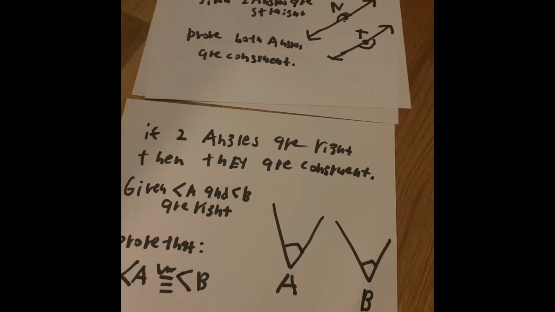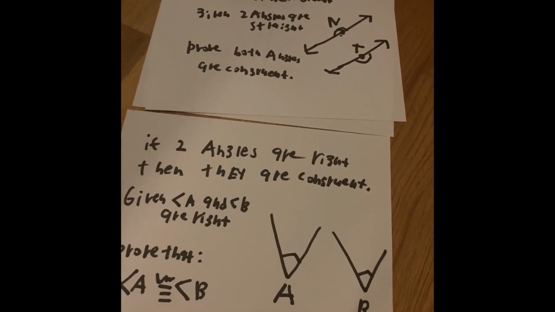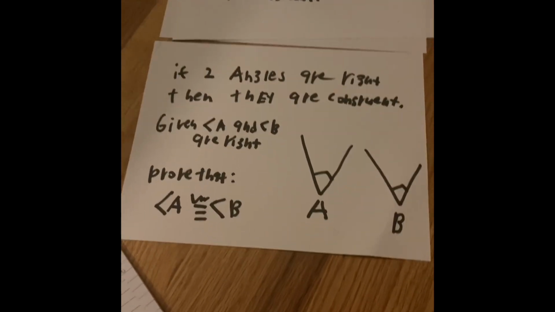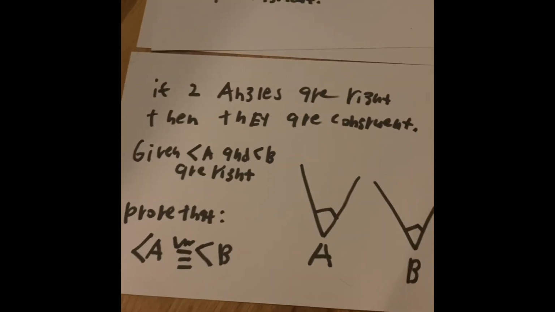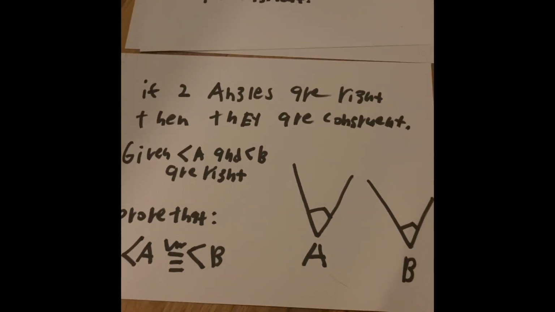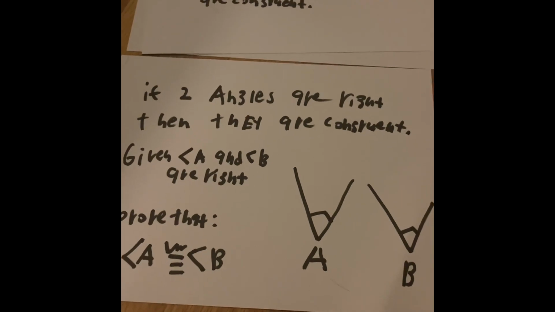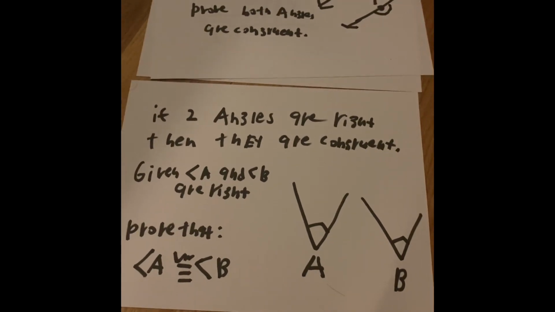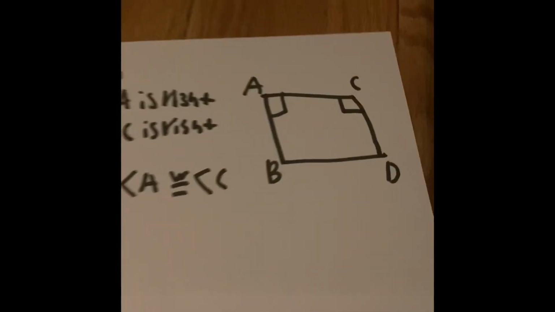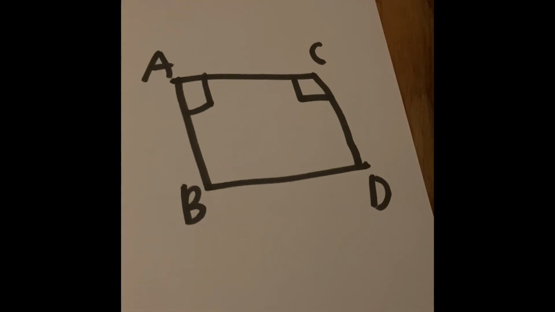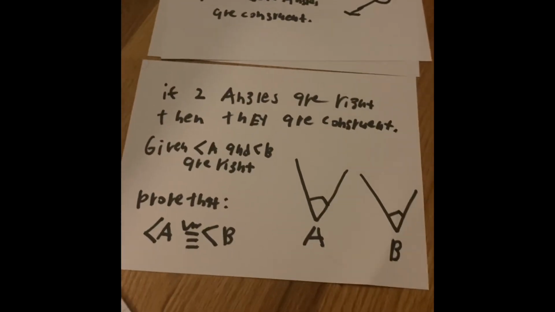If you talk about right angles, and the bottom one is talking about right angles, you're saying if two angles are right, then they are congruent. So we are talking about right angles in this one, and we were talking about right angles in that one.